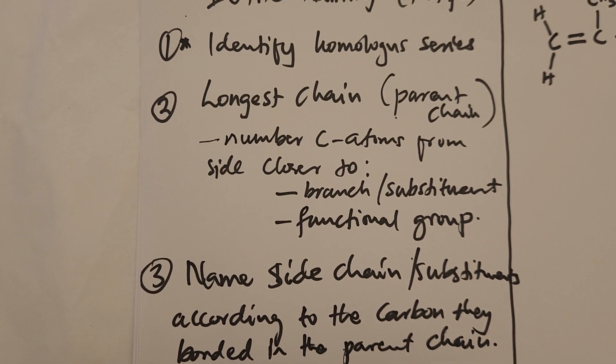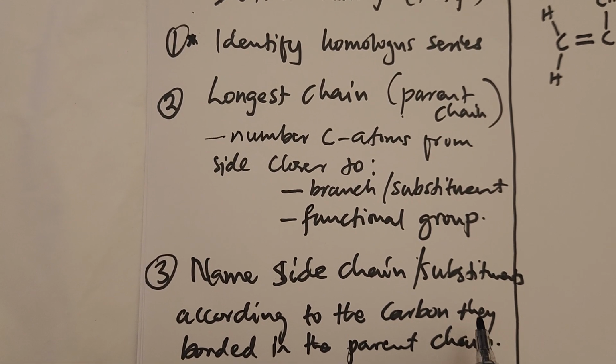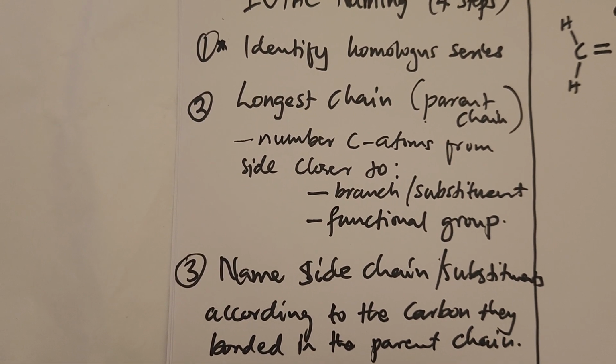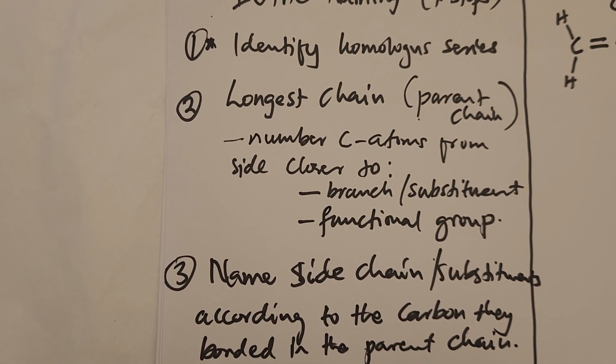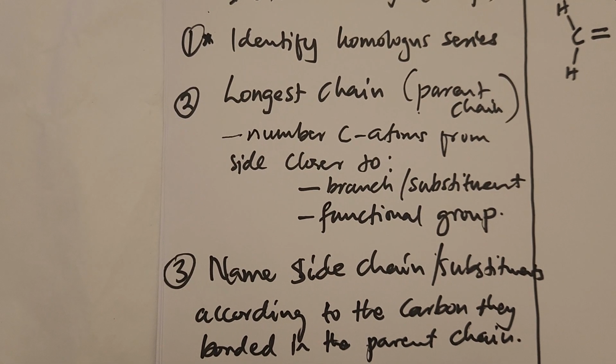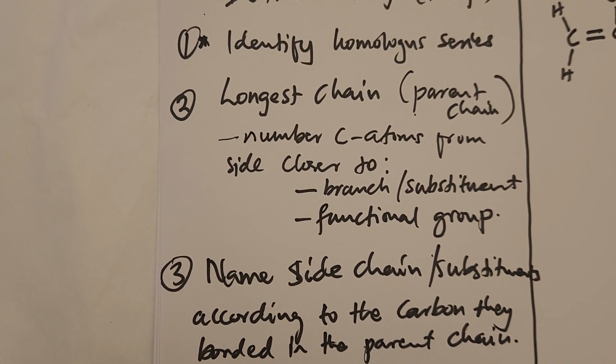The last step is to name the organic compound. Once you have named the side chains according to the carbon where they are bonded in the parent chain, we name the organic compound.